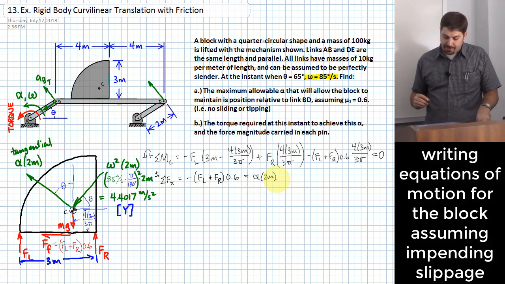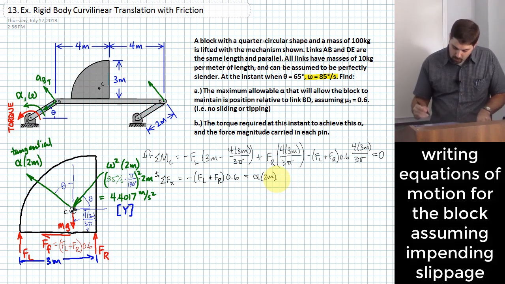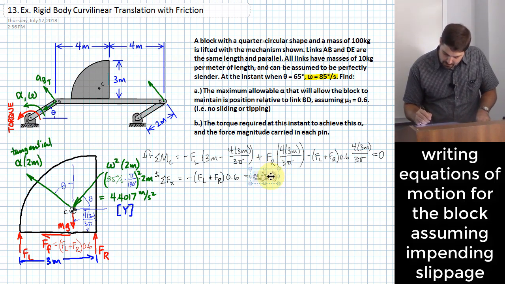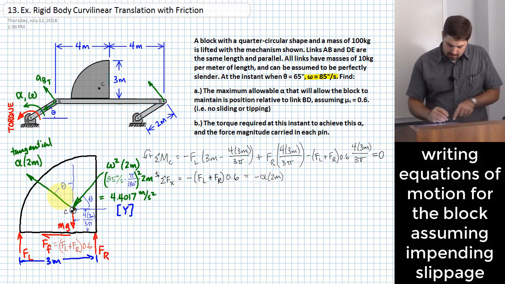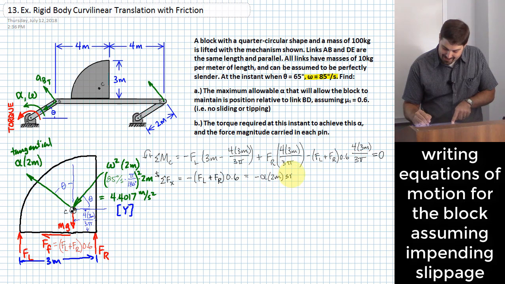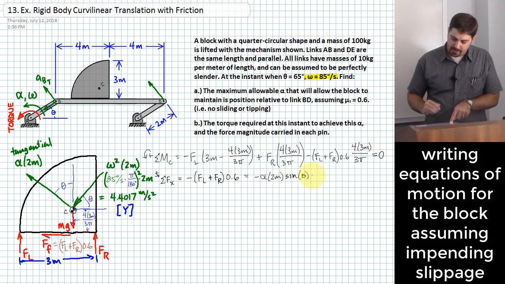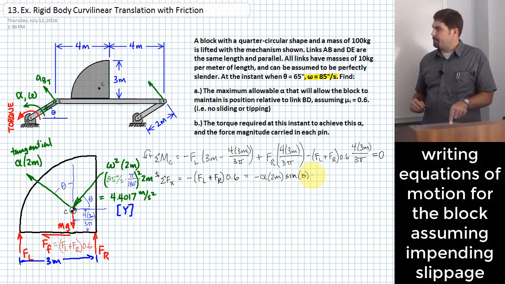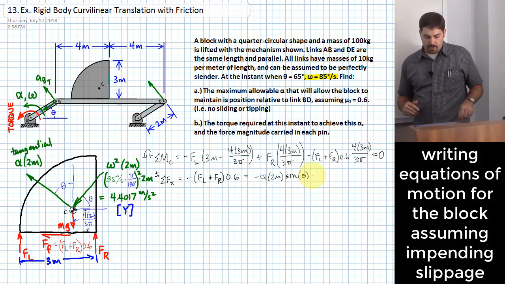But I don't want all of that. I just want the component that's pointing in the horizontal direction, and let me make this negative as well because it points leftward. I need to multiply by the sine of theta. That allows me to pick off just the horizontal component of that piece.